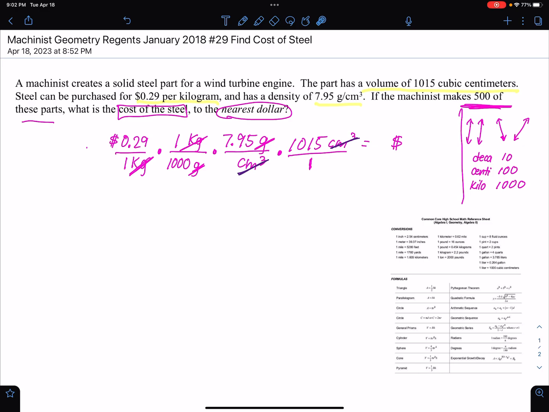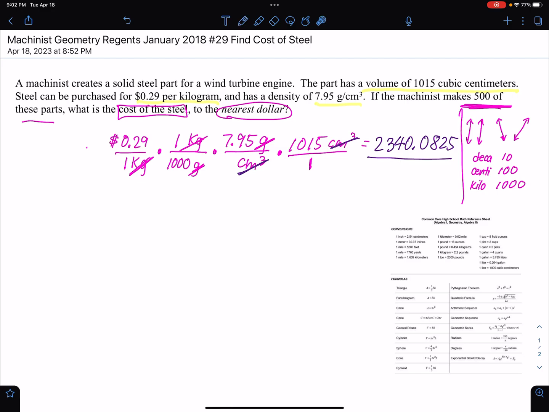We put 0.29 times 1 times 7.95 times 1,015, and everything on the top we're going to get, okay, so for a second, let me just erase this. We got 2,340.0825 over.